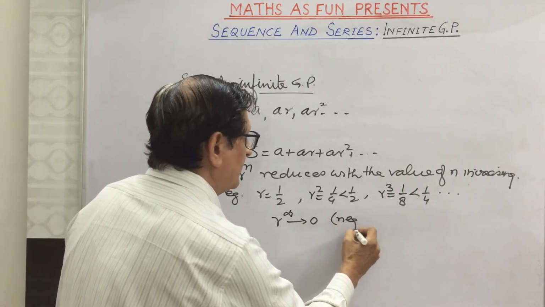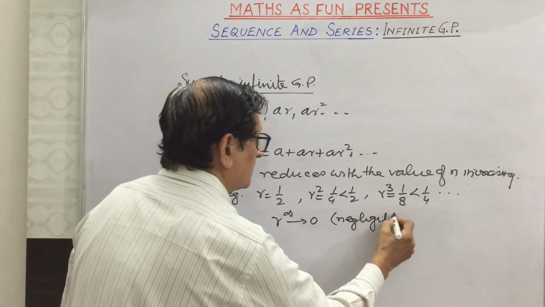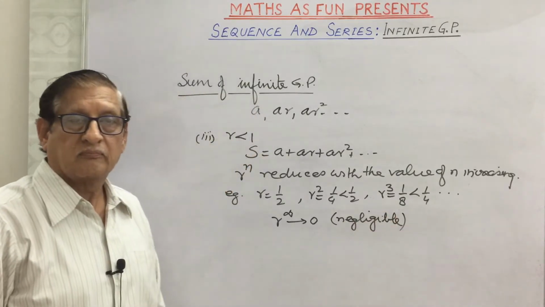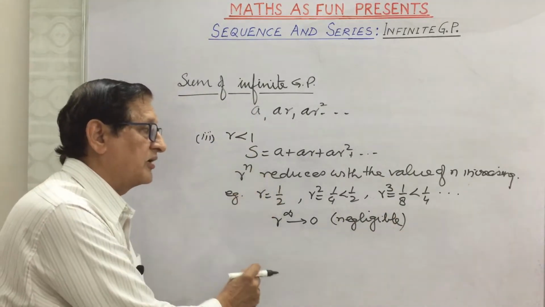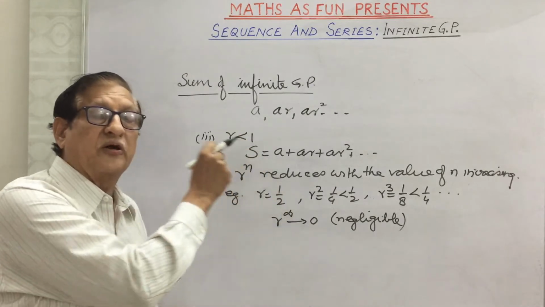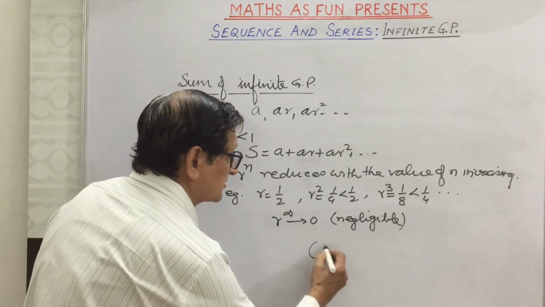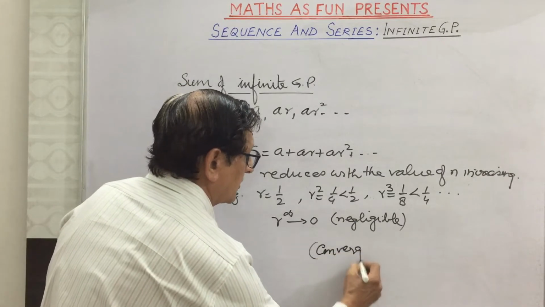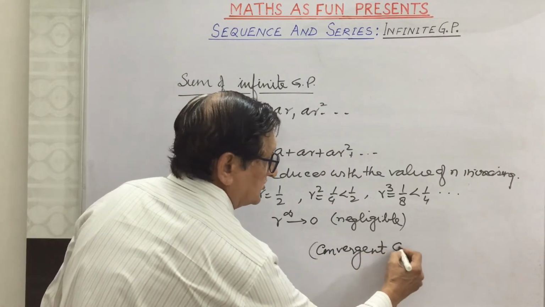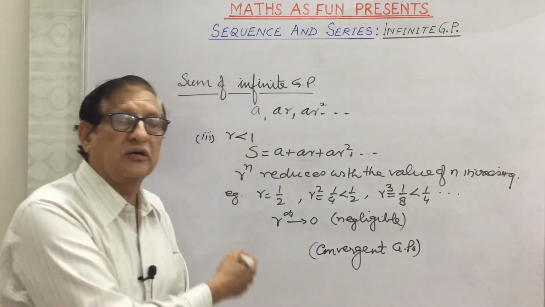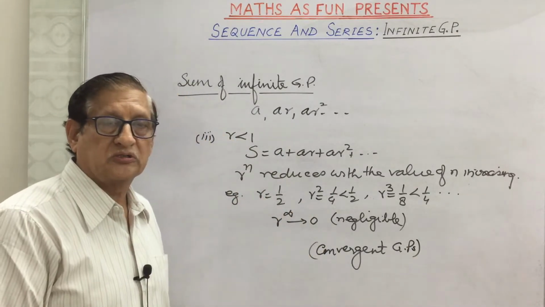It becomes negligible. In such cases, we can find out the sum of the infinite terms of the GP. This type of geometric progression is known as convergent GPs. We call them convergent progressions.